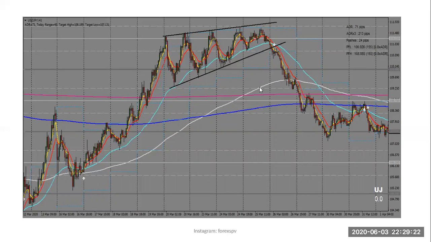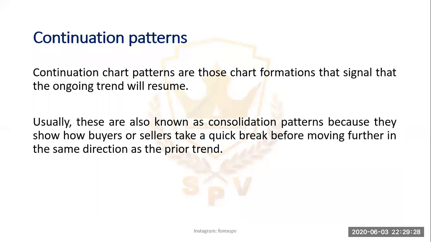So the rising and the falling wedge, the head and shoulders, the double top, the double bottom. Usually when you learn price action, we view them as areas of support and resistance.